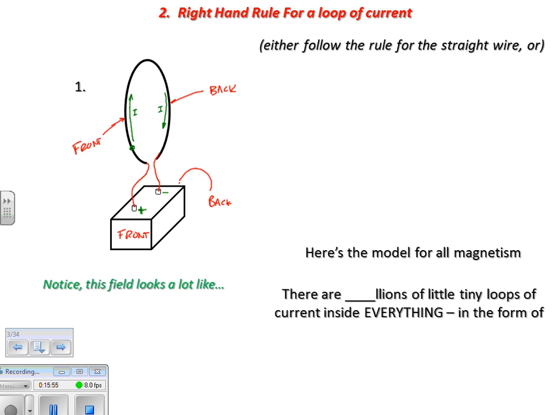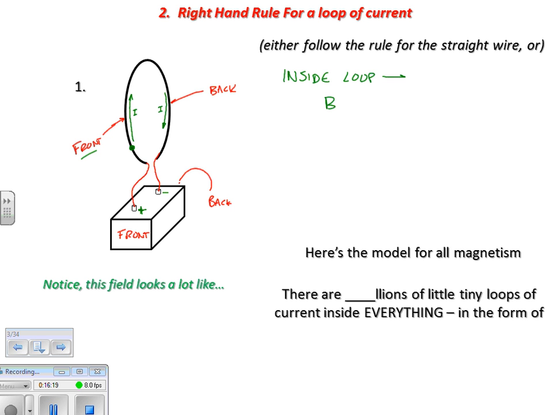Put our thumb here in the front, put our thumb up, wrap our fingers around the wire, and there are two places we want to talk about the magnetic field. So inside the loop, we have a magnetic field. Well, right here, the magnetic field inside the loop would point to the left.